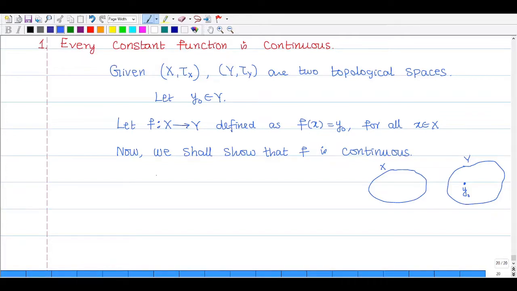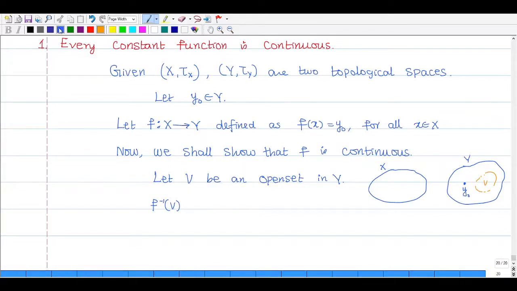Let capital V be an open set in capital Y. Then we need to show what f inverse of V is. Okay, I take that open set, it could look like this, this is my V. What is the definition of f inverse of V?